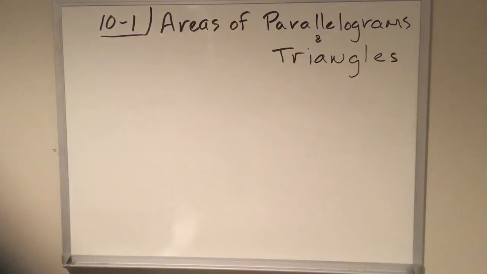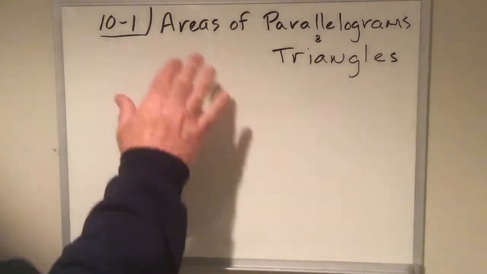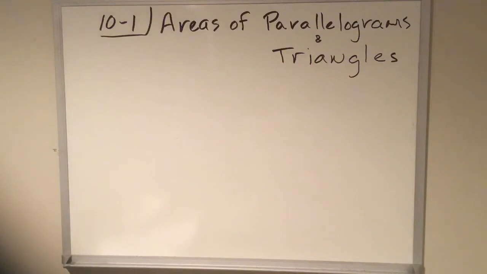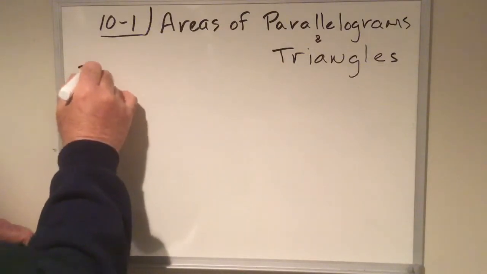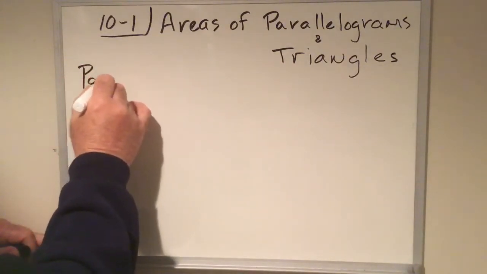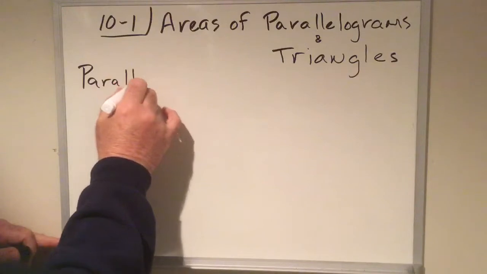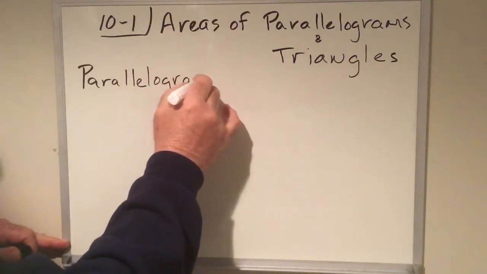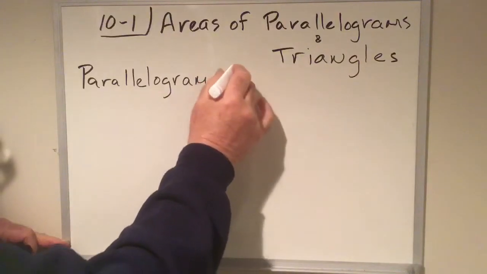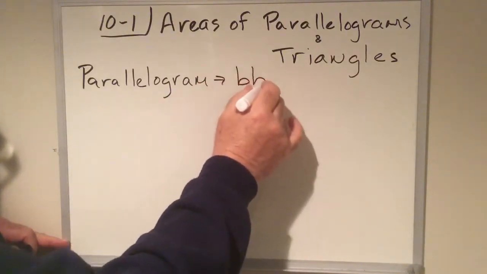And it's chapter 10. We're dealing with areas. And 10-1, our first section, deals with areas of parallelograms and triangles. Now, I'm going to write down two rules here. To find the area of a parallelogram, it's base times height.